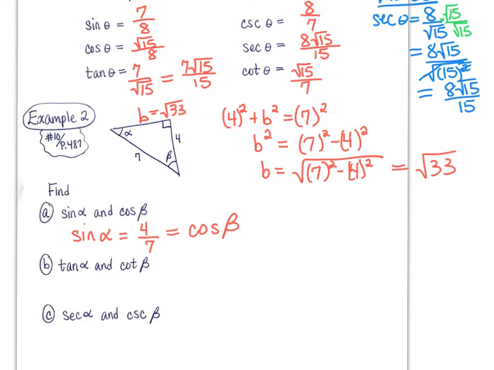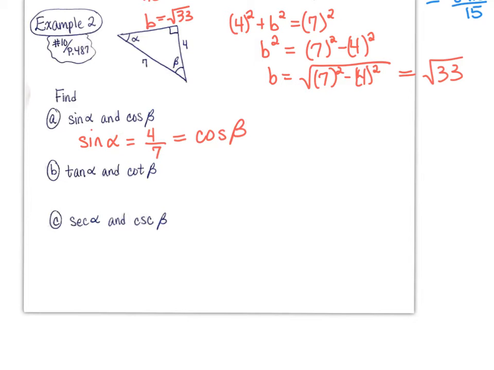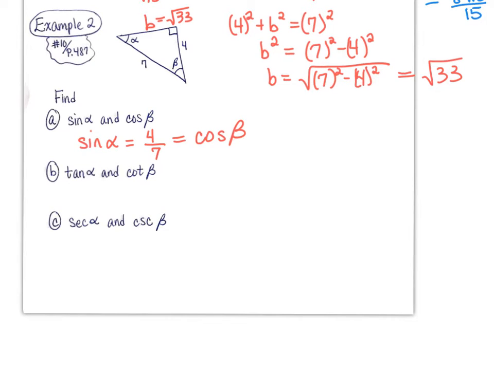Would you like a couple minutes to try the others? Okay, go ahead and do parts B and C. Okay, tangent of alpha. What's tangent of alpha? Root 33 over 4. Good. No, tangent of alpha is what? You said square root 33 over 4?